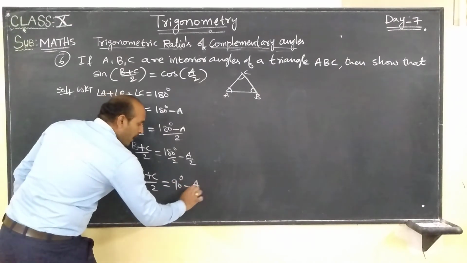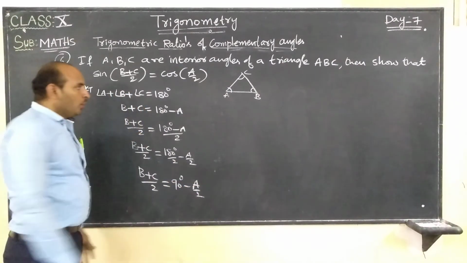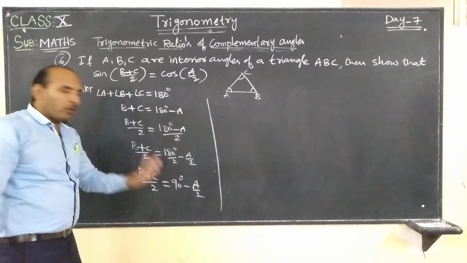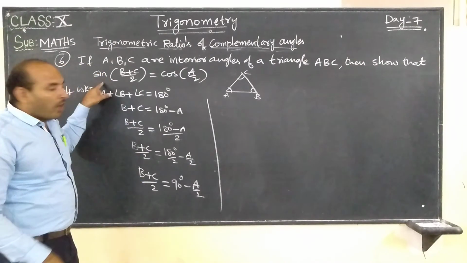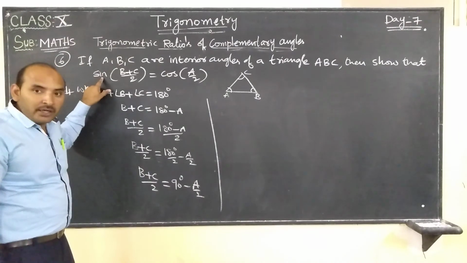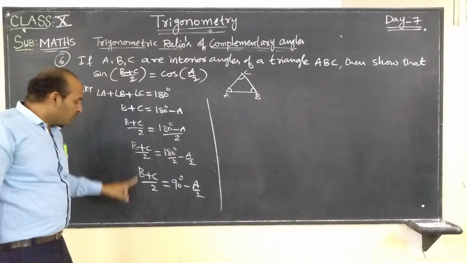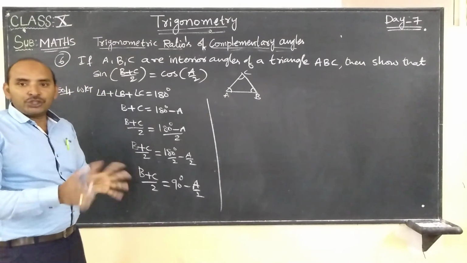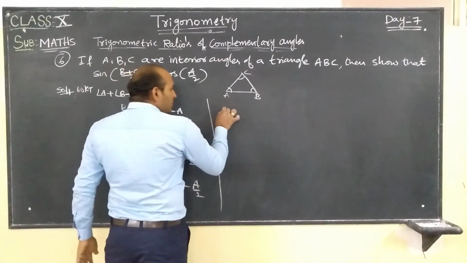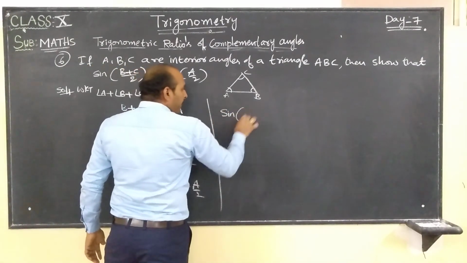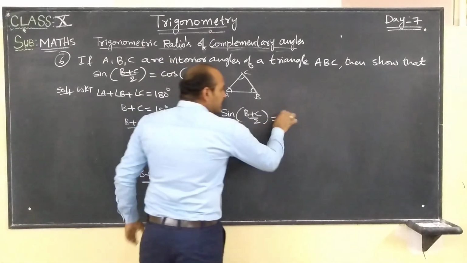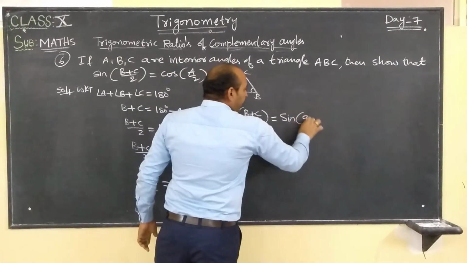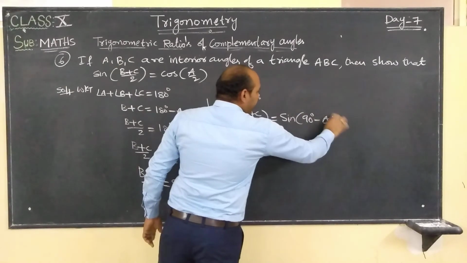So now apply sine on both sides. Why are we taking sine? According to the problem, we are given sine of (B plus C) by 2, so it is better to apply the sine ratio on both sides. So sine of (B plus C) by 2 is equal to sine of (90 degrees minus A by 2).